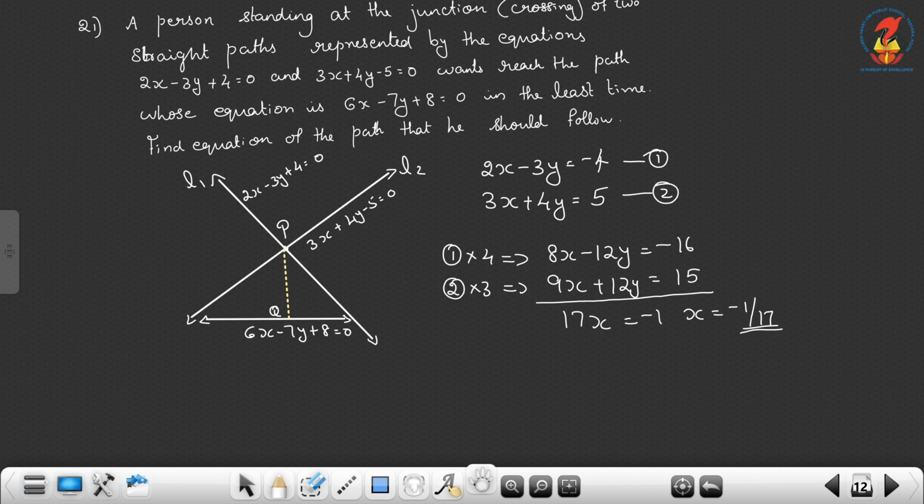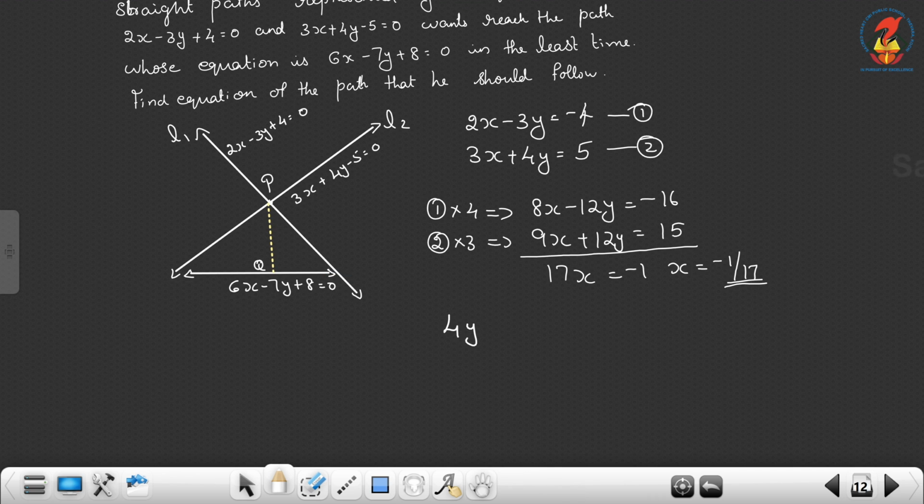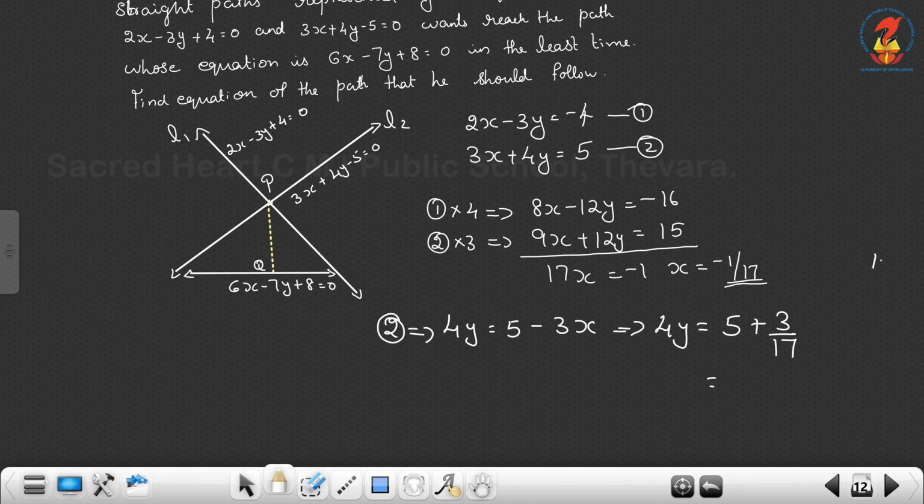Now find y. So 4y is equal to 5 minus 3x, that is from the second equation, which implies 4y is equal to 5 minus 3, that is plus 3 by 17. 17 into 5, 85, that is 88 by 17.